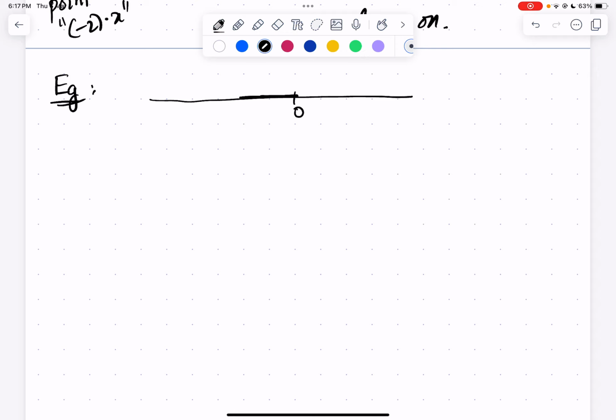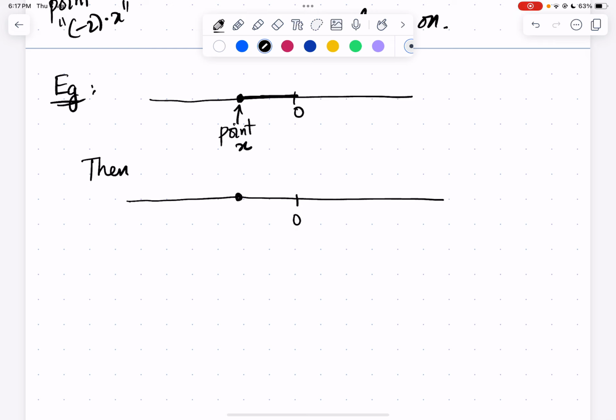Then 2 times x would be like this, this point will be 2 times x.